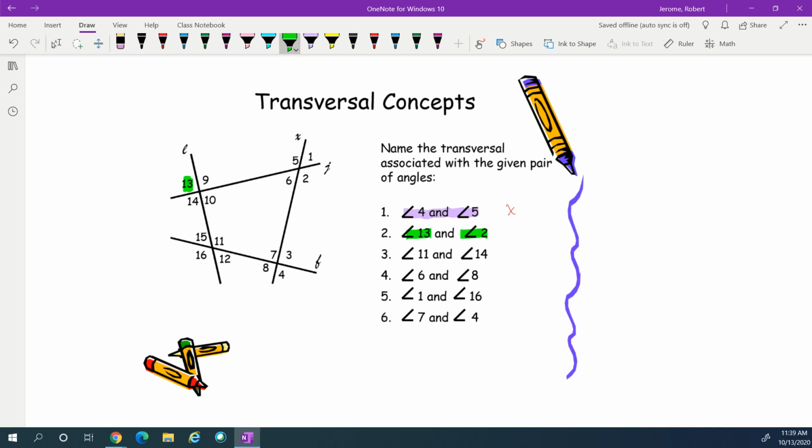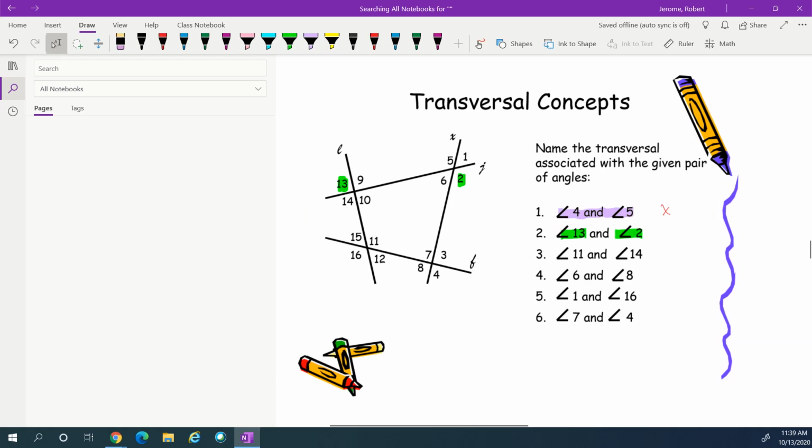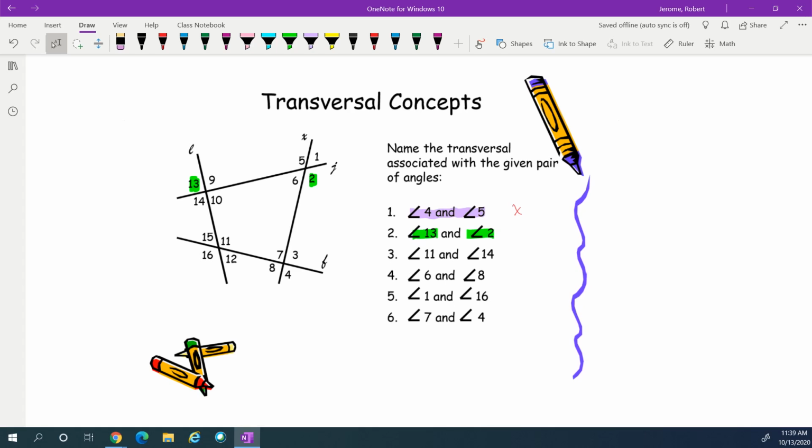Well, 13 and 2. Again, the line that connects them. The line that connects them is line J.